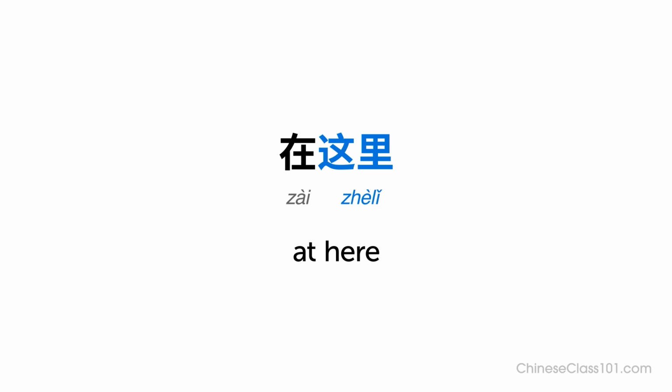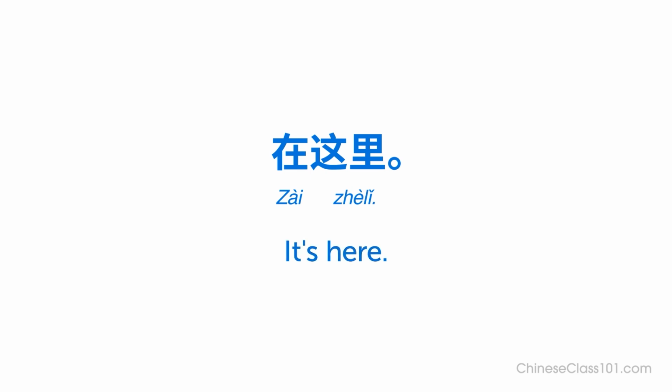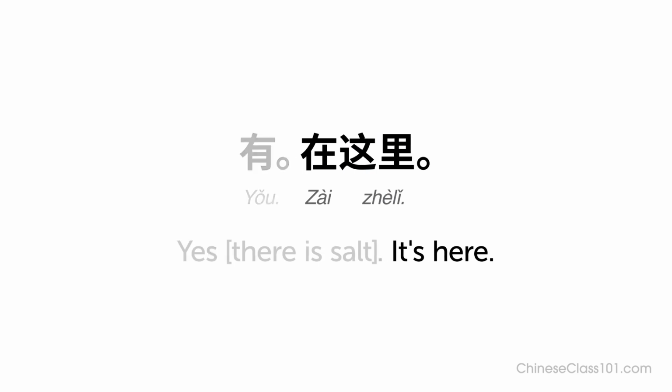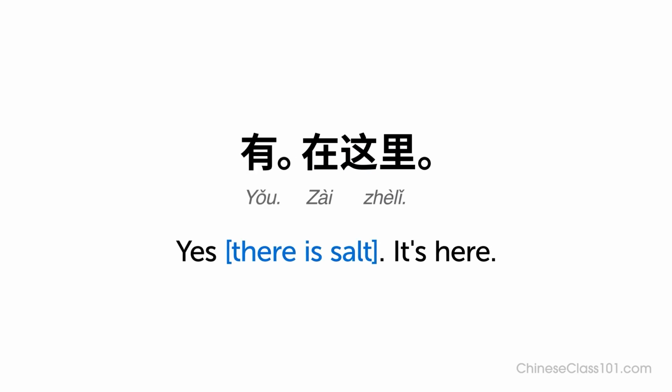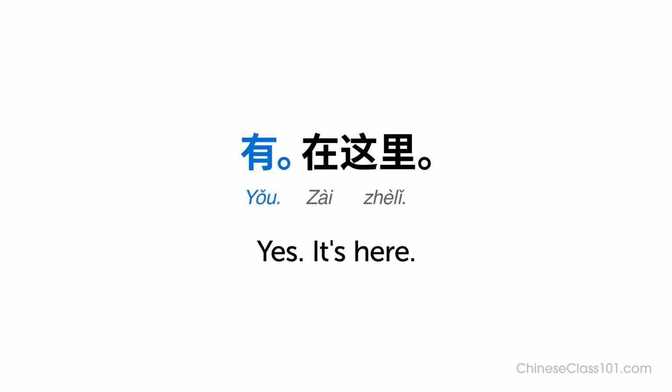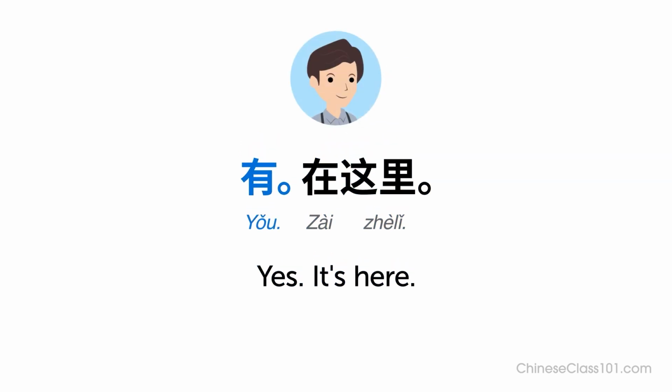Together, 在这里 literally means at here, but translates as it's here. Note, the subject is omitted as it's understood in the context. Altogether, 有，在这里。yes, it's here.